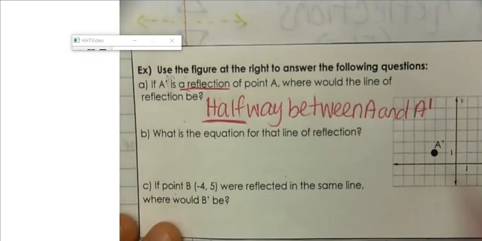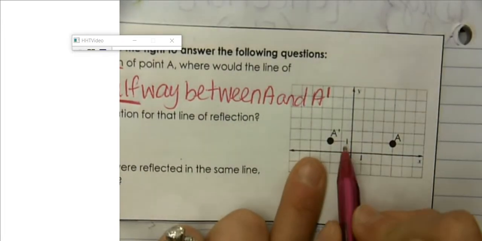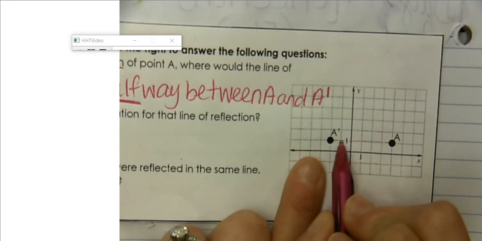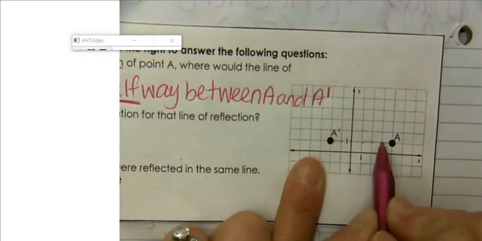So what we're going to do is count how far away A is from A prime. If I were to count, it looks like it is 1, 2, 3, 4, 5, 6 units away. Half of 6 is 3. So I'm going to count 1, 2, 3. Reflection lines are always drawn as dashed lines.